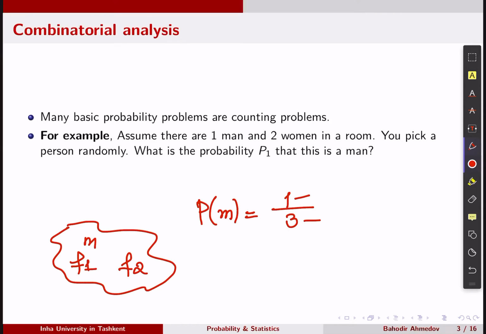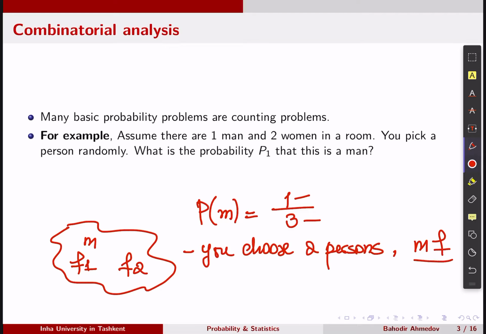For example, what if you choose 2 persons from this room, and one of them should be male and another one should be female? What's the probability of choosing this case, one male and another female? If the order doesn't matter, it's a different and more complicated problem. So you can make this problem really difficult.